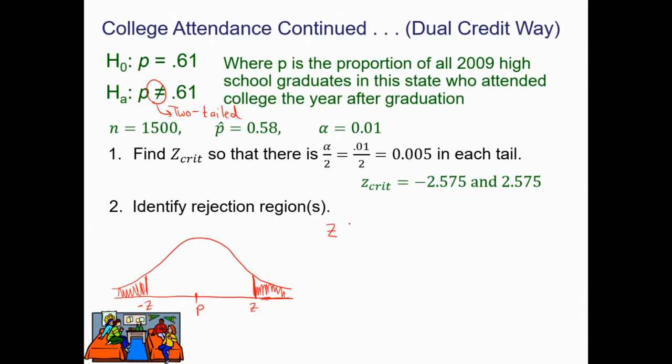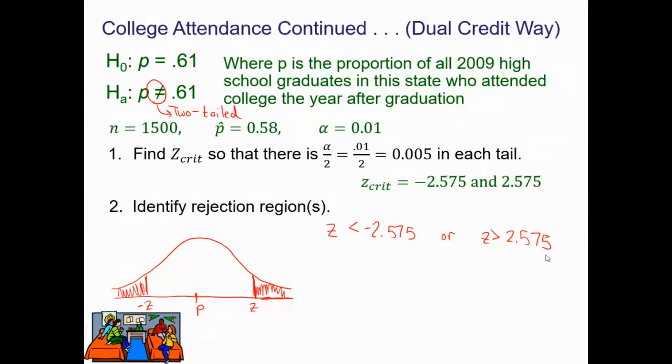Z has to be less than my negative Z critical, or Z has to be greater than my positive Z critical. So that's our rejection region.